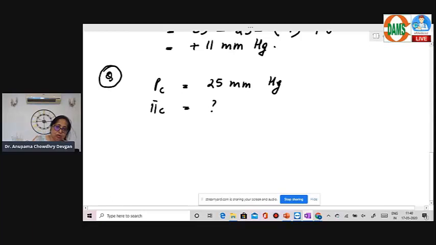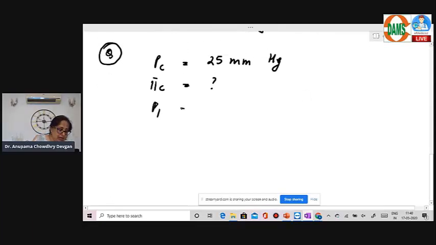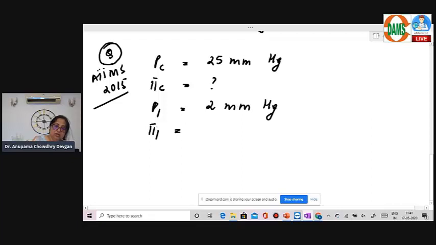Pi C we do not know. Pi, the interstitial fluid hydrostatic pressure, is normally minus 1, but now it is given as 2 millimeters of mercury. Pi I, which is 0, is given here as 7 millimeters of mercury.